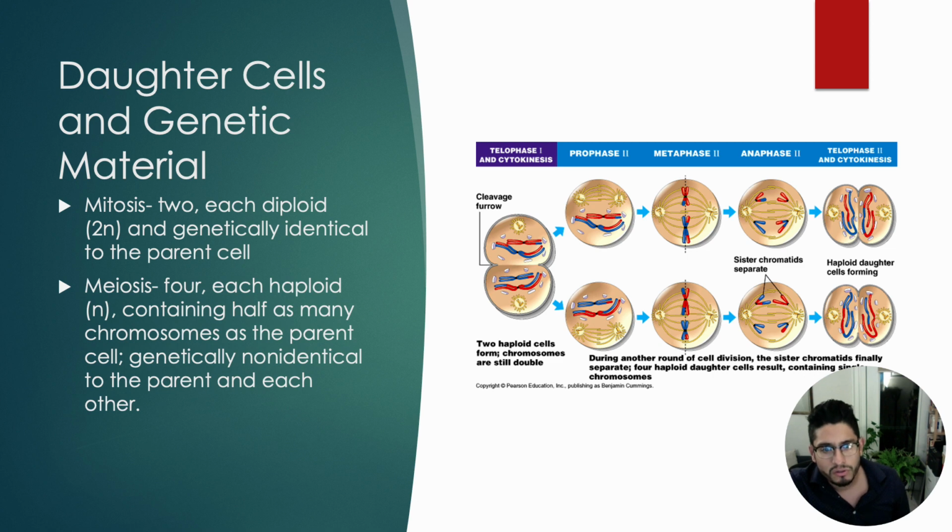So with those two new haploid cells, we're going to want to continue the division. So we'll go through prophase 2, metaphase 2, anaphase 2, telophase 2 to be able to have 4 different daughter cells of genetic material that is all recombinated.